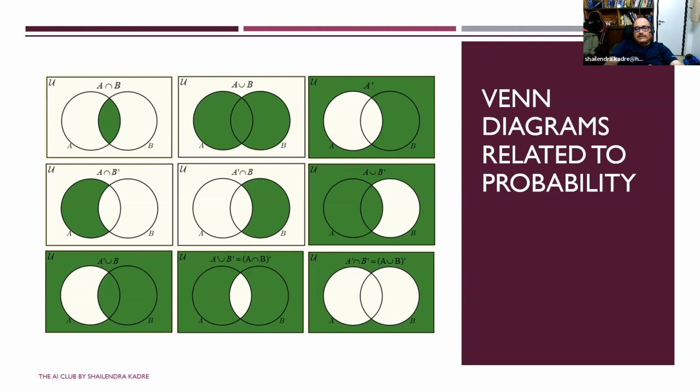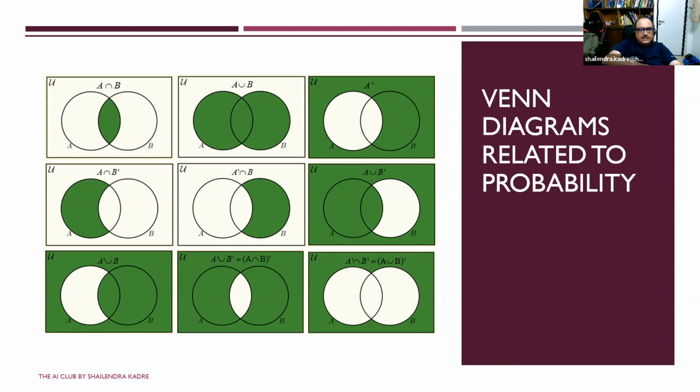B dash means everything outside of B, and A union B dash is the shaded area. Got the reason?